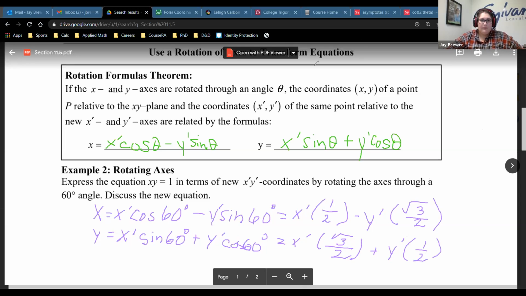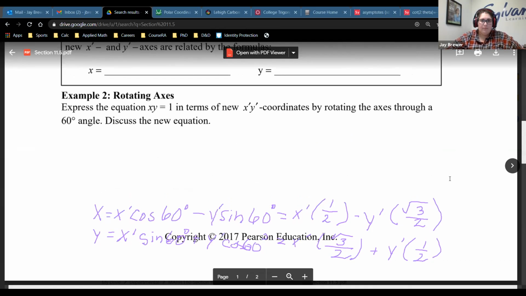All right, I'm taking a picture of that, and I'm going to try to move it, but I don't know how it's going to look, so we'll see what happens. Yeah, okay.